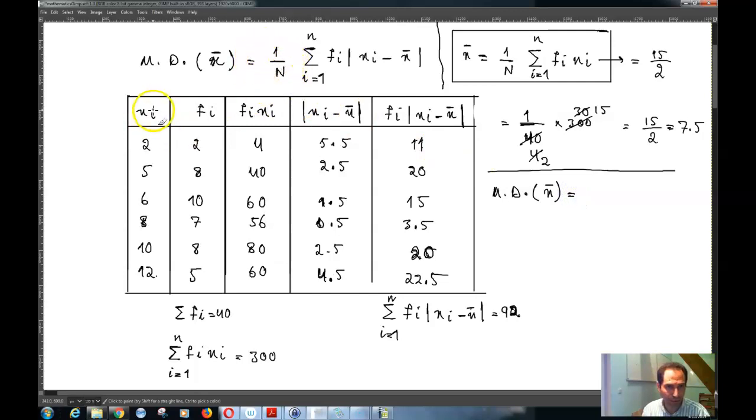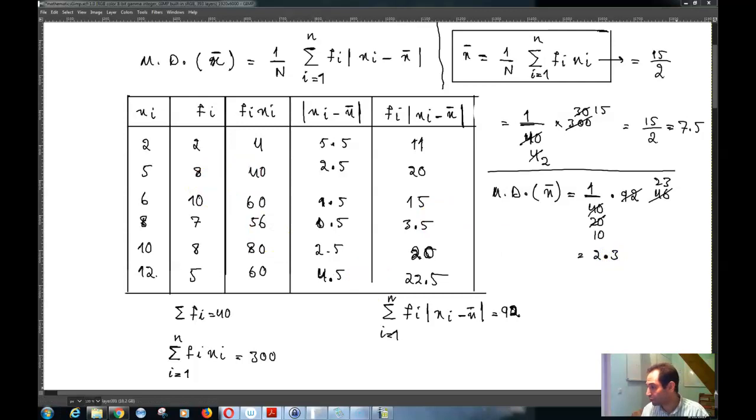So n is basically sigma f of i, which is 40, so 1 over 40 times sigma f of i times the absolute value of x of i minus x bar, as i goes from 1 to n, which we found to be 92. So times 92. If I divide by 2, I get 46, divide by 2, I get 23, divide by 2, 11.5, divide by 2 again, that's 2.3.